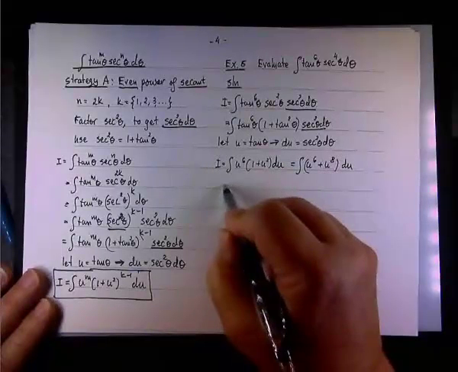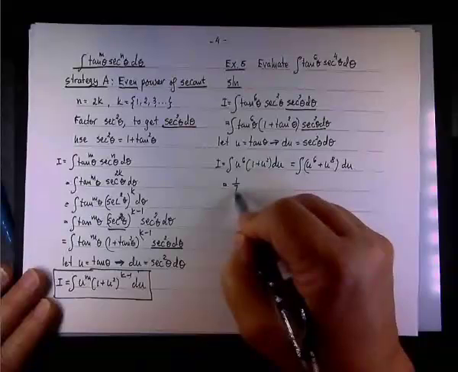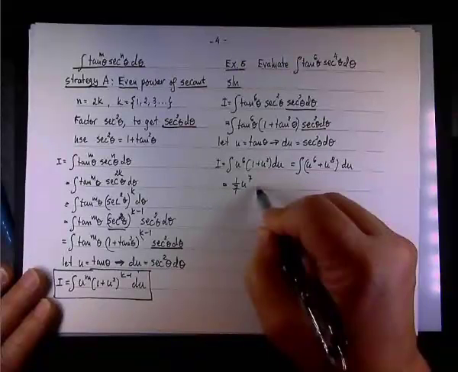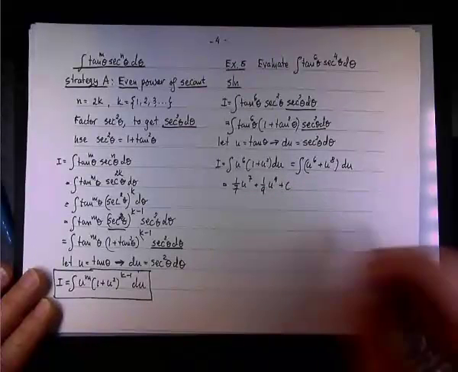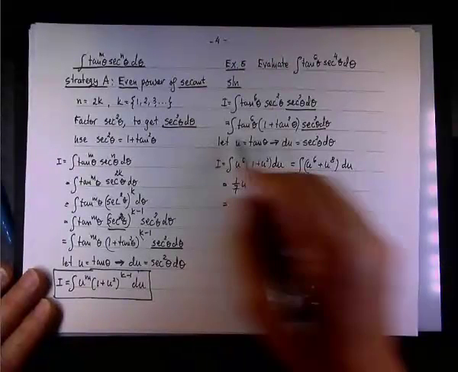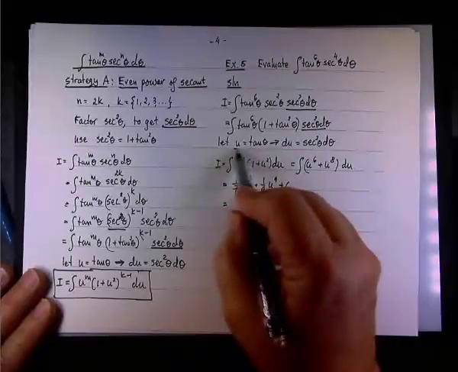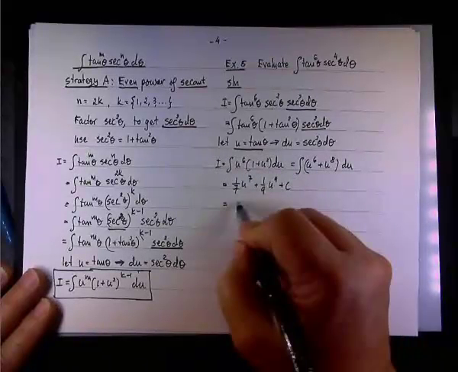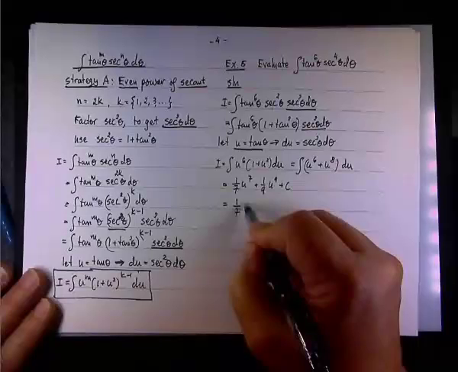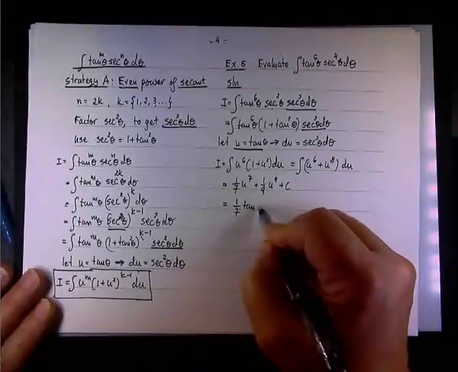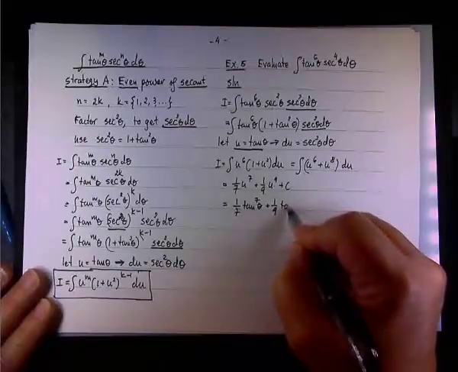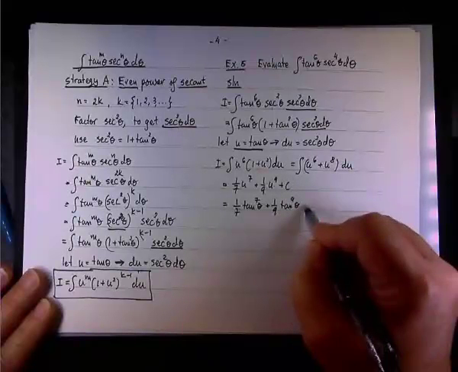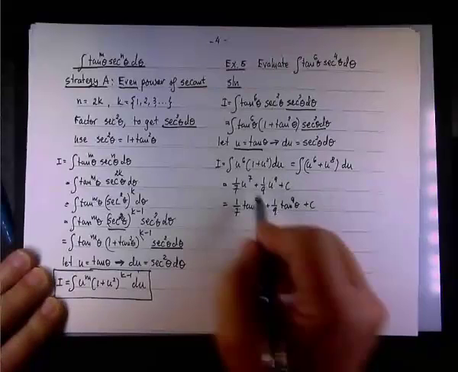Right? And the antiderivative is, of course, 1/7 u to the 7th plus 1/9 u to the 9th plus c. And finally, going back to the substitution, bring back the tangent, so it will be 1/7 tangent theta to the 7th power plus 1/9 tangent theta to the 9th power plus c.